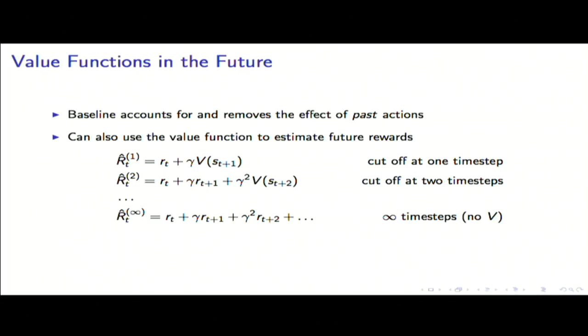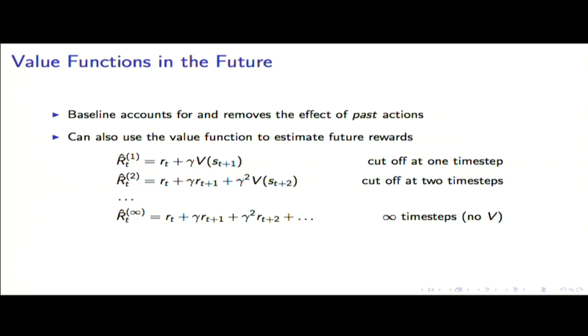It doesn't depend on our approximate value function v at all, whereas the first one is totally dependent on it. So if v is bad, for example if v is 0, then the first one is a really bad estimate of the return, and the last one is still a correct estimate of the return.